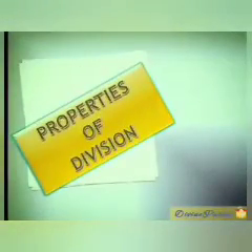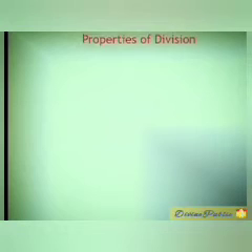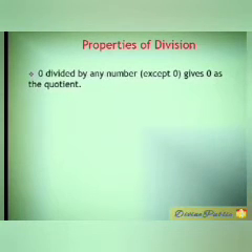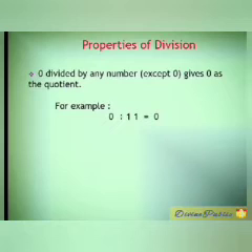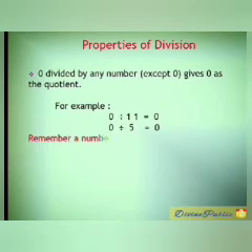Properties of division. Dear students, if 0 is divided by any number except 0, it always gives 0 as the quotient. For example, 0 divided by 11 should be 0. Otherwise, 0 divided by 5 should be 0.